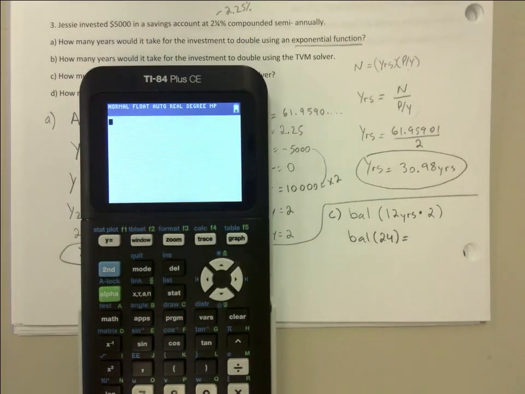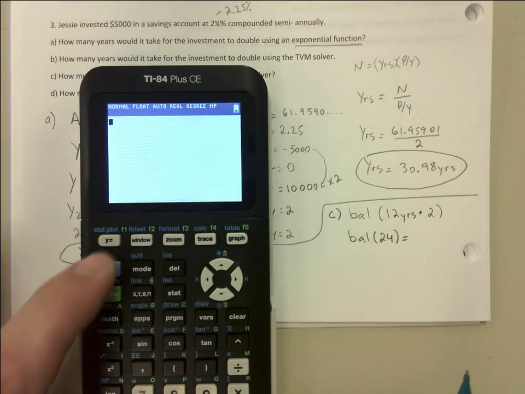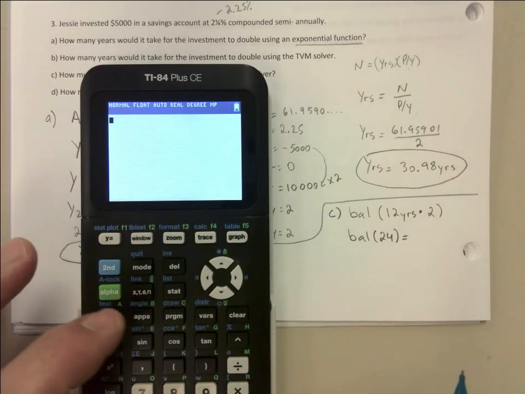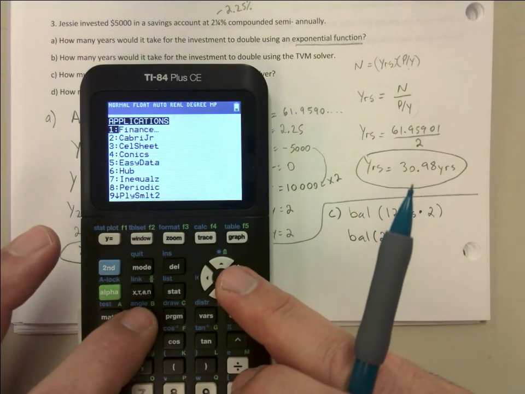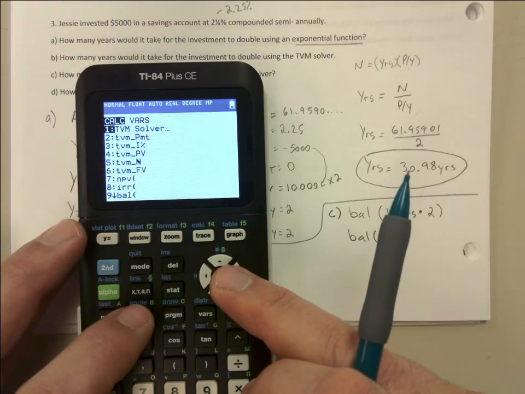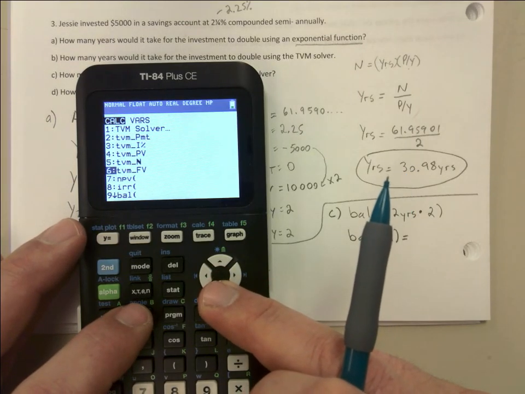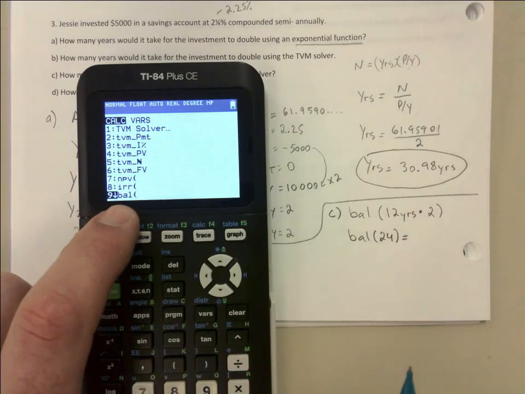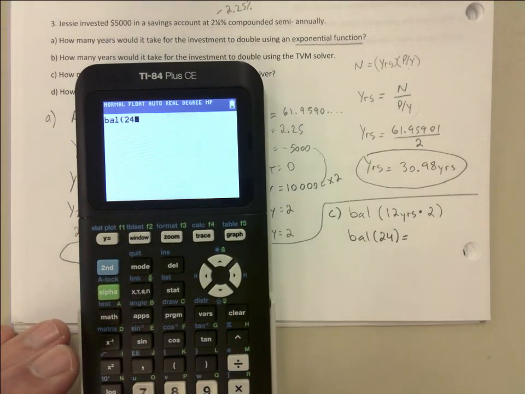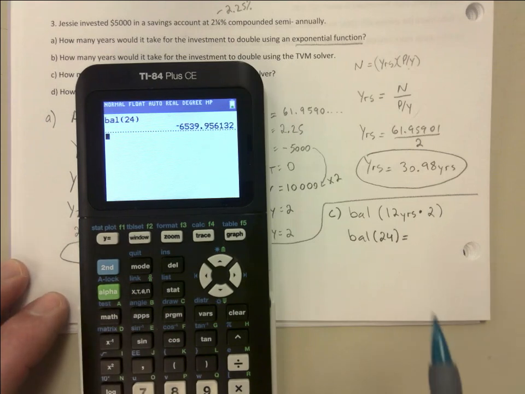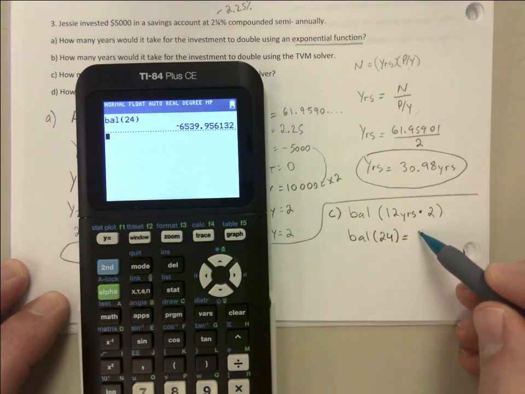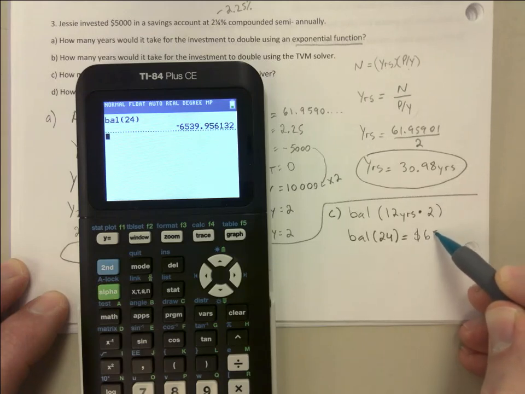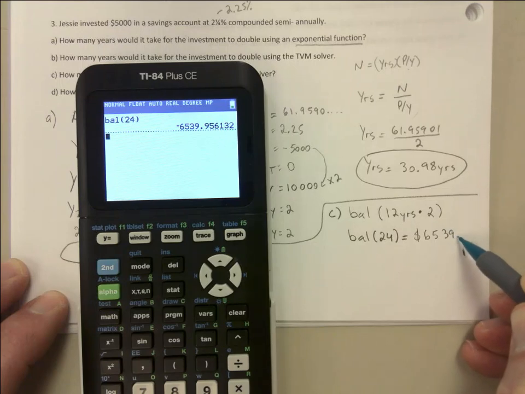So grab your calculator. You got to go to your home screen. And then you want to go apps, finance. Don't go TVM solver. You got to go balance. This one here. And you got to type in 24. And it will tell you that it's 6,539 and 96 cents.